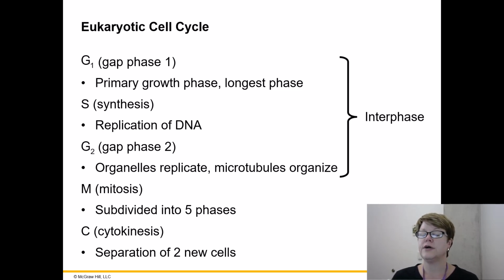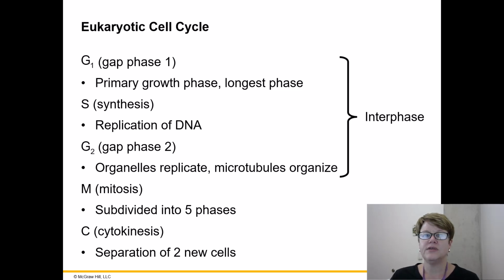If you look at a cell in G1 under a light microscope, like we would use in lab, you really can't see anything happening. It doesn't mean there's not a lot going on in that cell; it's just hard to see from our perspective.